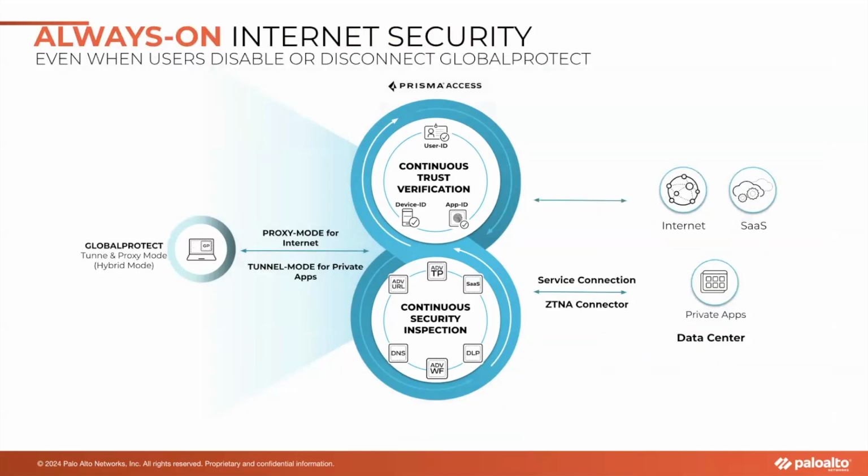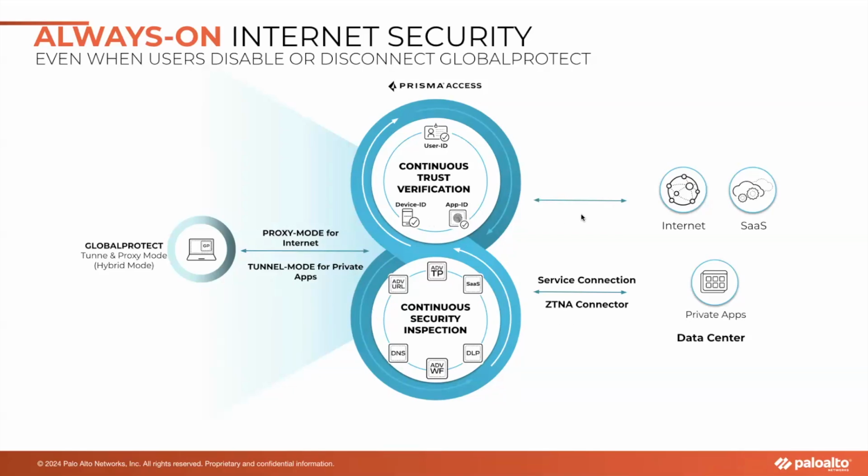Okay, so we also have a hybrid mode where we can actually use the tunnel mode for some of the traffic as well as the proxy mode for some of the traffic. Now, in this deployment, we have the tunnel mode for access to the private applications. The private applications are hosted in the data center, connected via the ZTNA connector or the service connection. So the private app access security is provided by these deployments, and you connect to these private apps via the GlobalProtect full tunnel mode.